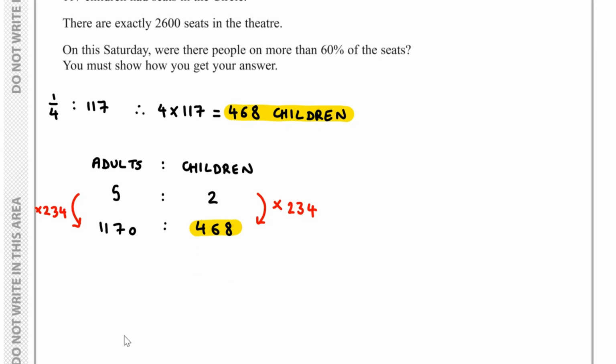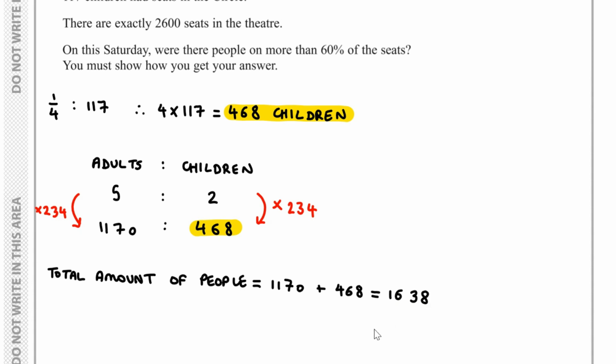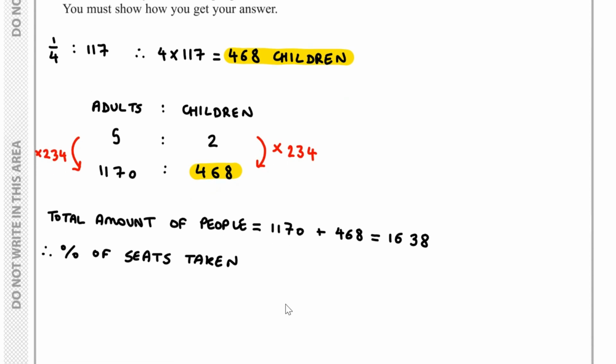So the total amount of people will equal 1170 plus 468, which is 1638. And therefore, the percentage of seats that are taken, well, we've got 1638 over 2000.